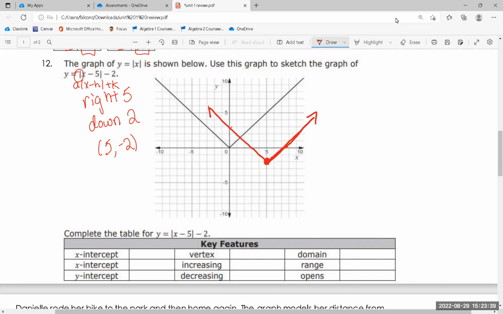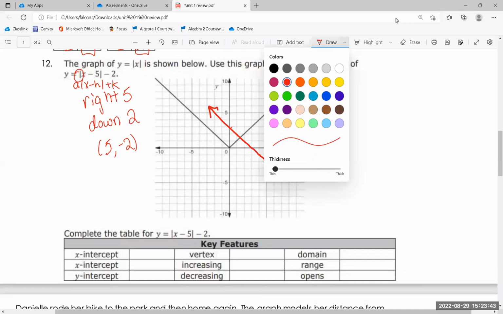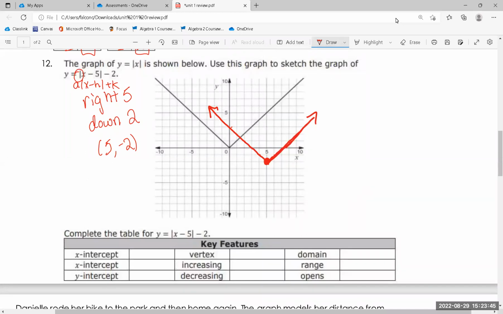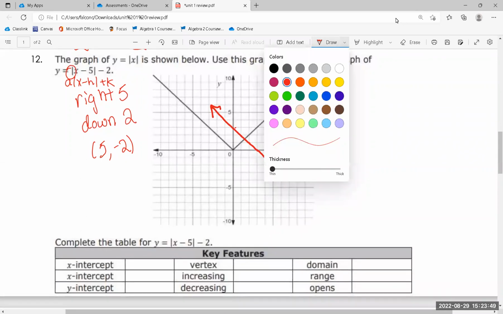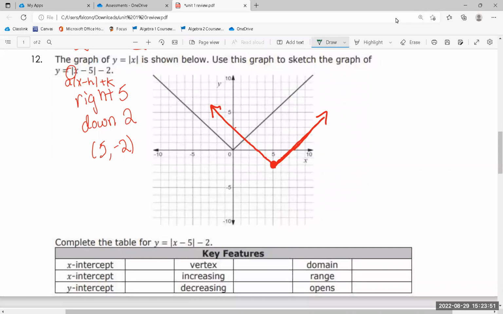All right, so now that we have our new graph, we're going to answer our key feature questions. So the x-intercepts, it looks like I have two x-intercepts in this case. It looks like I cross at +3, that is +3, and +7. So I cross at 3, 0 and 7, 0.